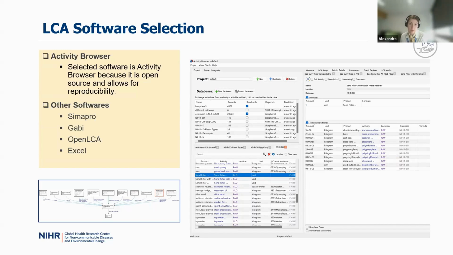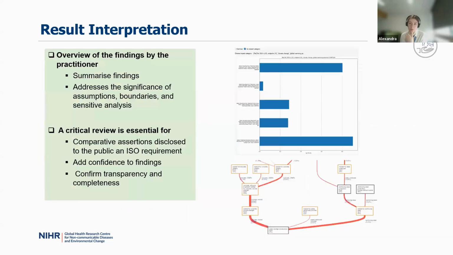Now that we've discussed everything that leads up to the results, we've gone over goal and scope definition, data collection, lifecycle inventory, and how to develop it in a way that is useful, then all impact indicators, the software.